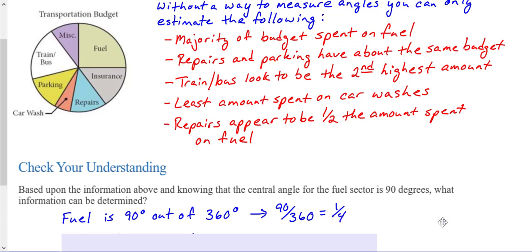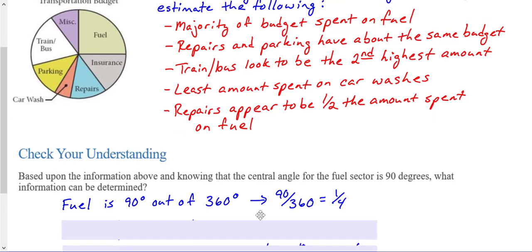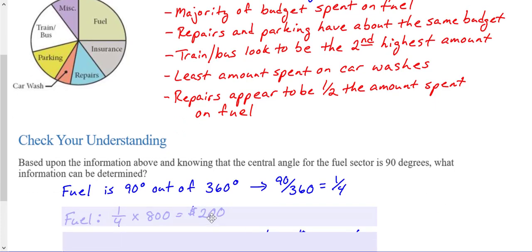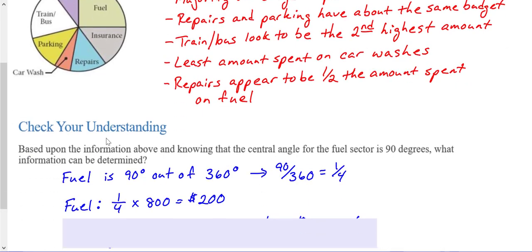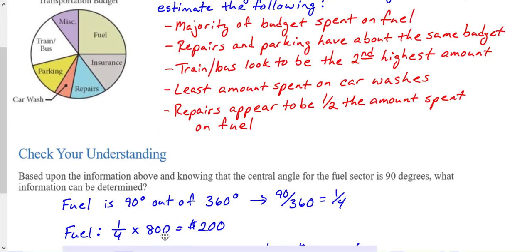And that's what we guessed. We guessed that the fuel was about a quarter of the budget. We can also say that if the budget is $800, we can find out what a quarter of that $800 is, which is $200. So we spent approximately $200 on fuel.